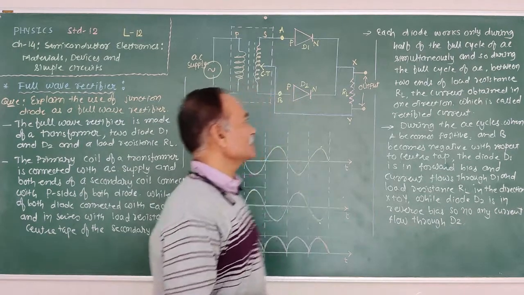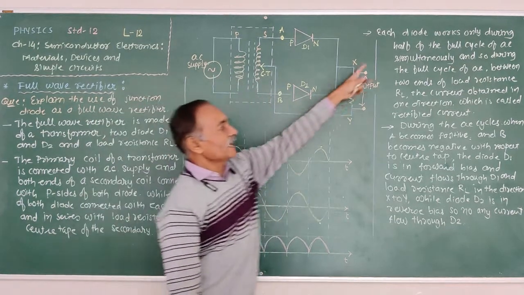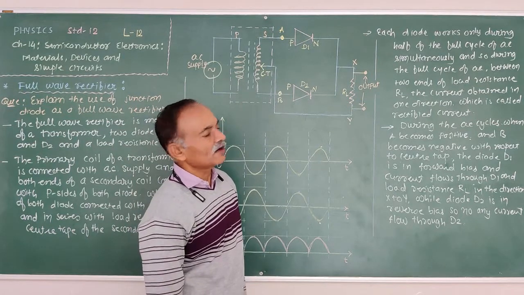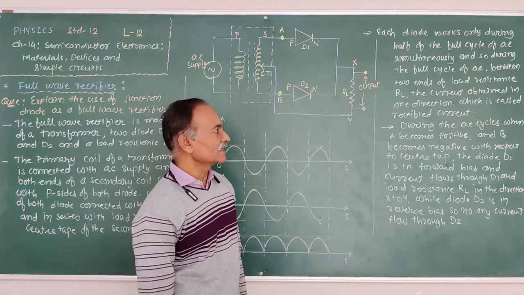Now the working of this circuit. Each diode works only during half of the full cycle of the AC.